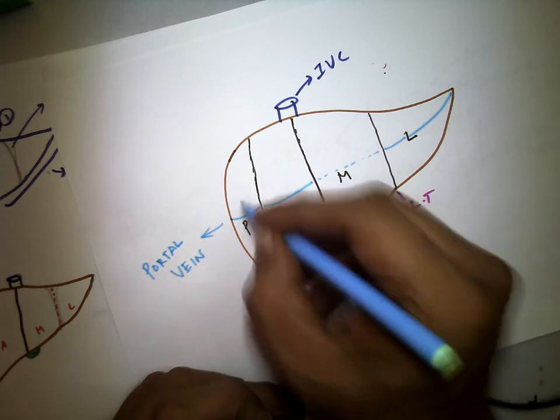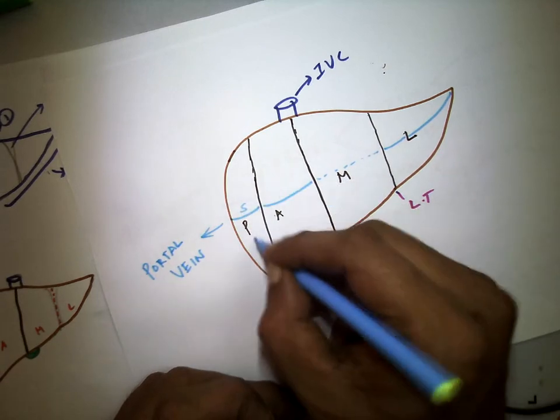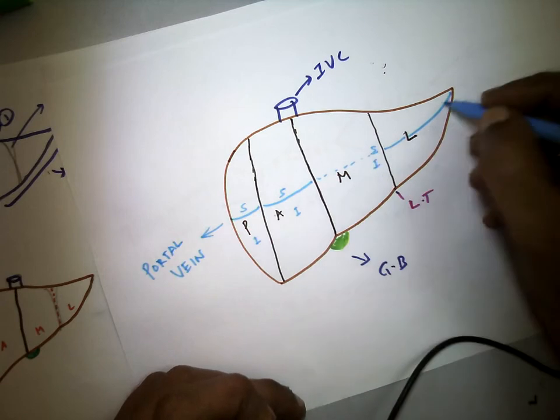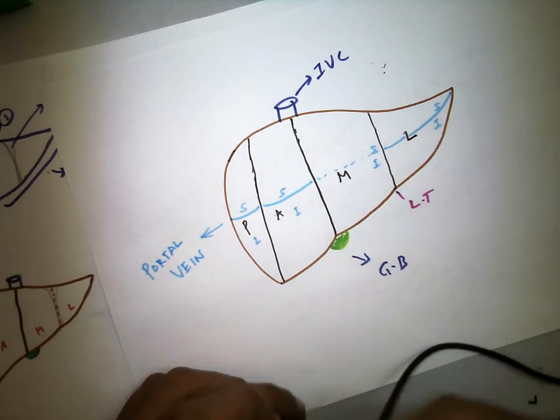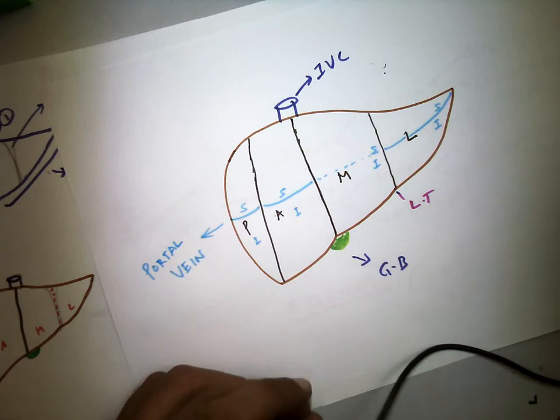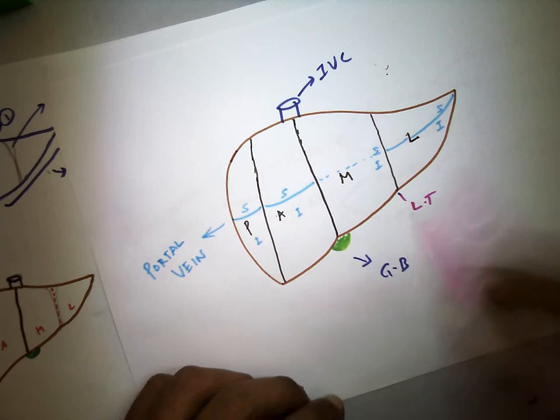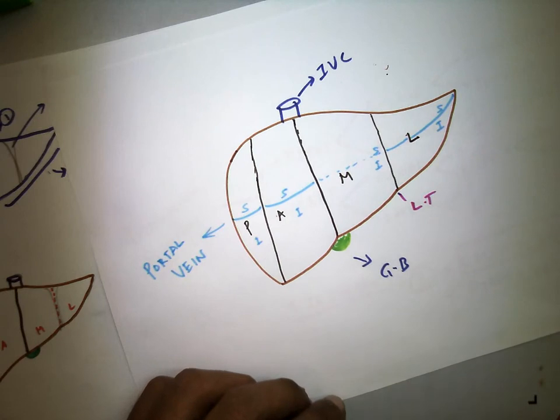So now we have superior, inferior, superior, inferior, superior, inferior, and superior, inferior. Next we need to number these segments, because in physiology only the numbers are considered instead of this big name.